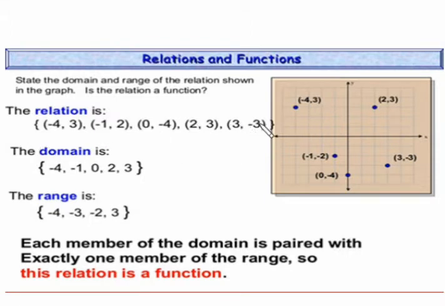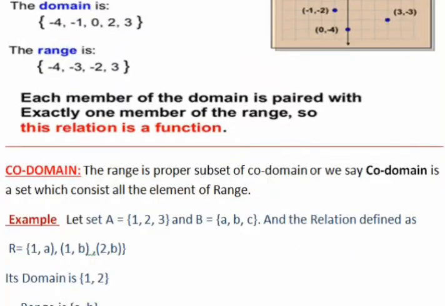We write these ordered pairs here and count the first element of each, meaning the x-axis element: -4, -1, 0, 2, 3. These are the domain. And what is its range? -4, -3, -2 and 3 is its range. By this way we find the domain and range.